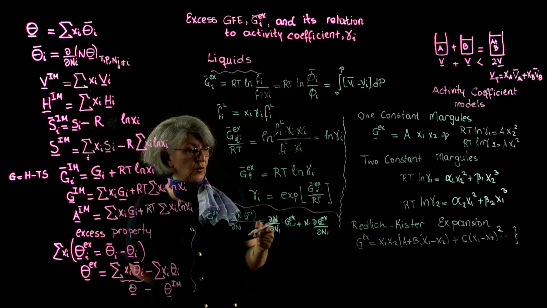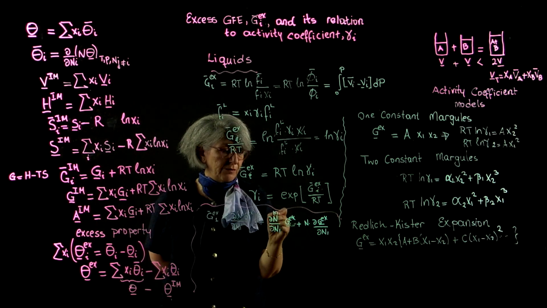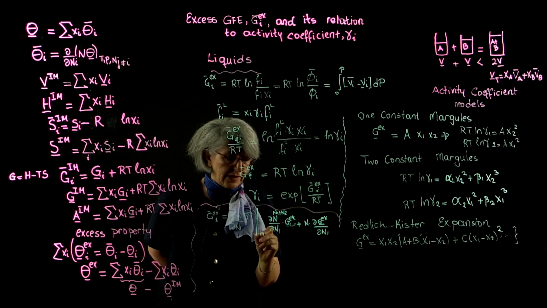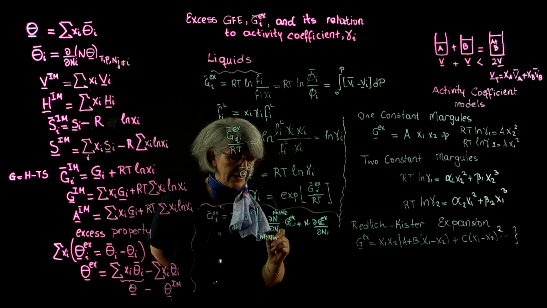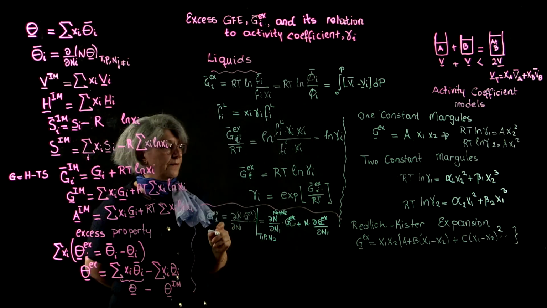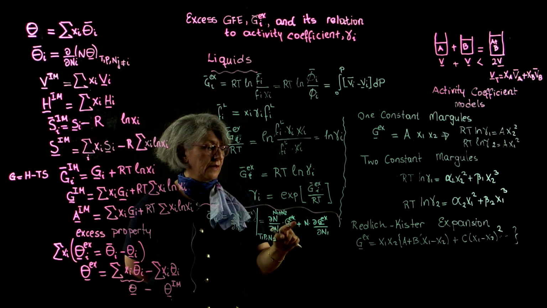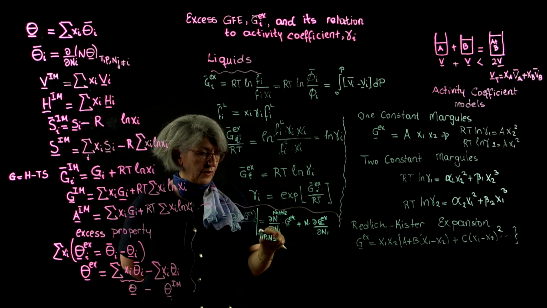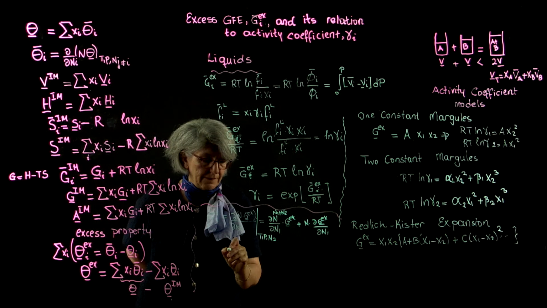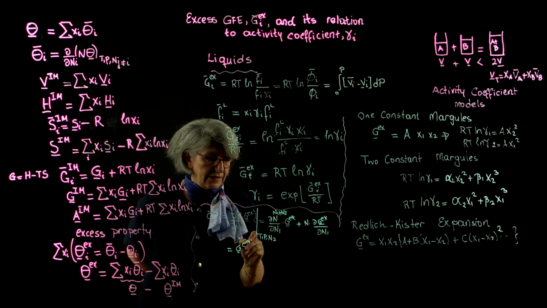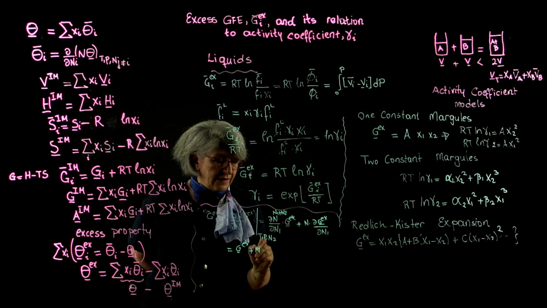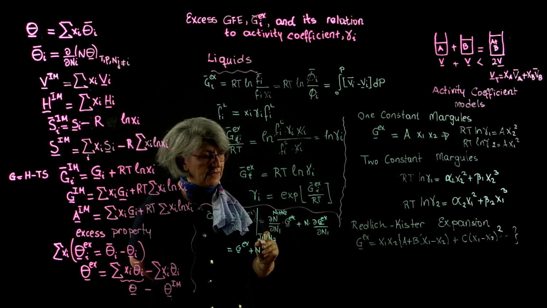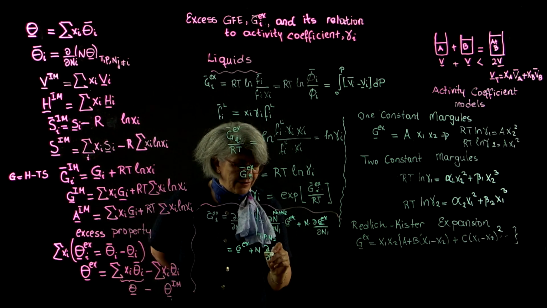Remember that this was 1 because n was n1 plus n2, and these partial derivatives are taken by keeping temperature, pressure, and other component amounts constant. So this is going to be 1, so we have g excess plus n times del g excess over del n1.